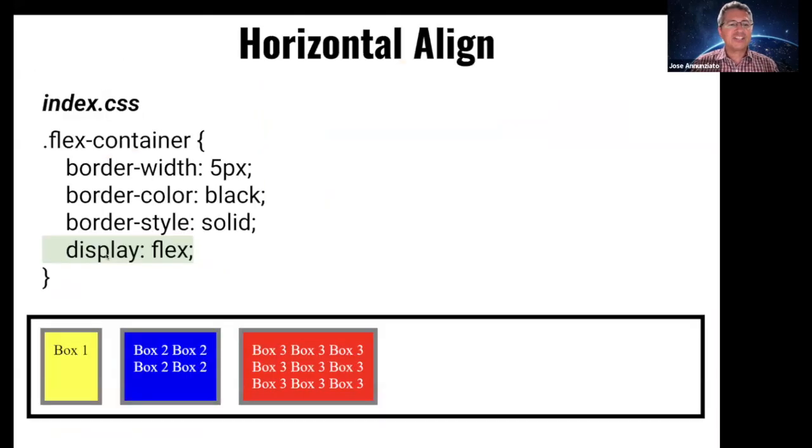Just by adding display flex, notice what happens to the content. The content used to render from top to bottom, vertically, and just by changing display to flex, it changes to render horizontally instead of vertically. See that?